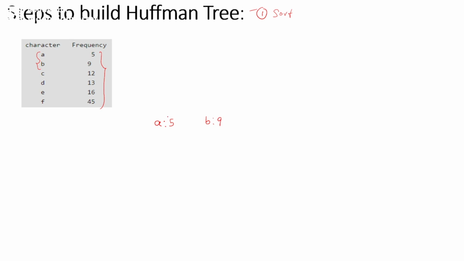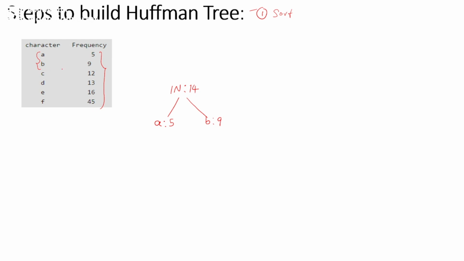Now I will connect these two into one single parent, which I am going to call an inner node, with a frequency that is the addition of these two children. Adding these two, you get 14 as the frequency of the parent node.